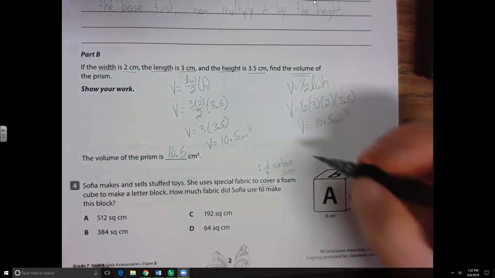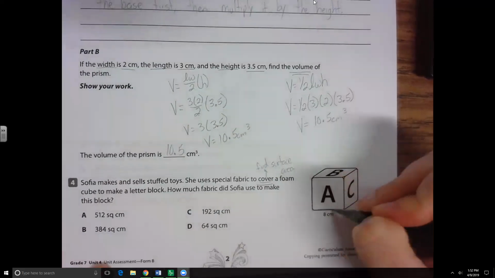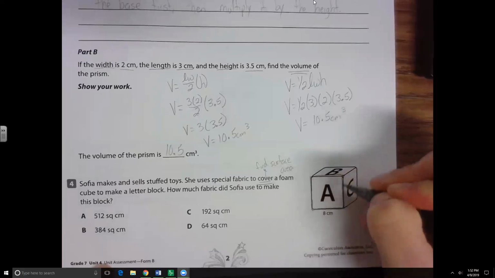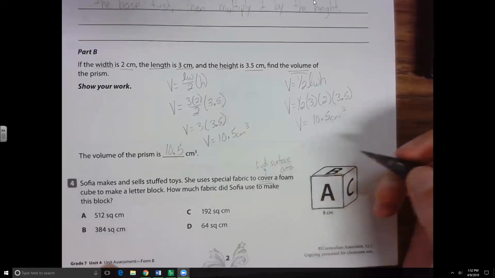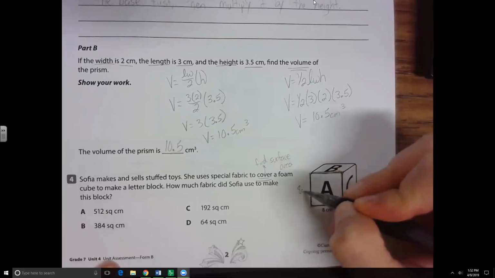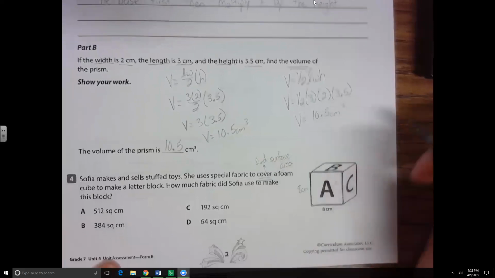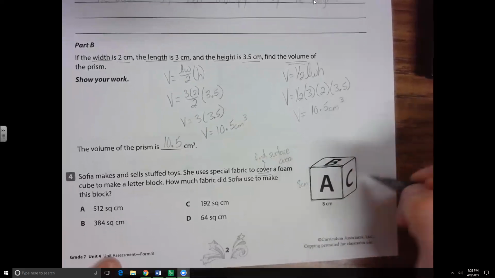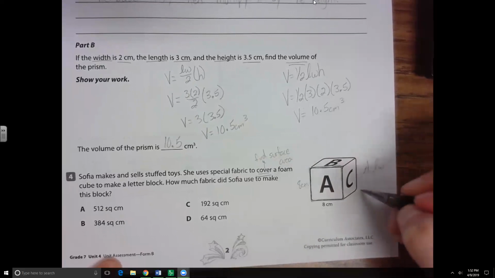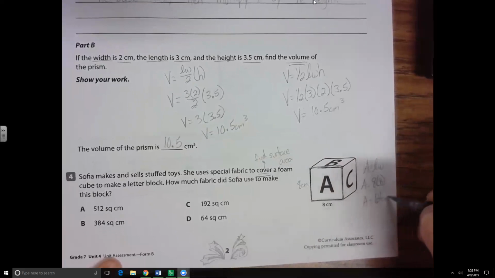Okay, well, the cube is made up of squares, and we know a square has the same measures on all sides. So if the length is 8 centimeters, then the width is also going to be 8 centimeters. So now that I have my length and my width, I can find the area of my square. So my length is 8, my width is 8. I multiply those together and I get 64 centimeters squared.